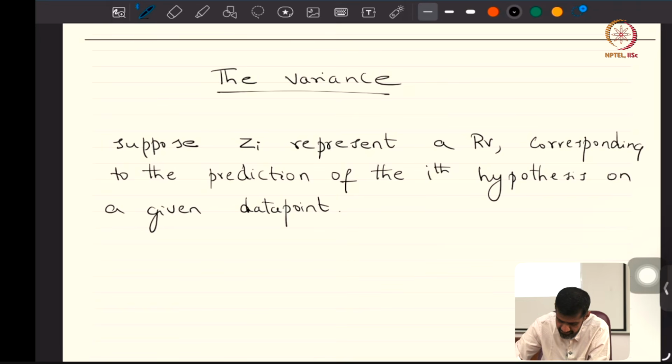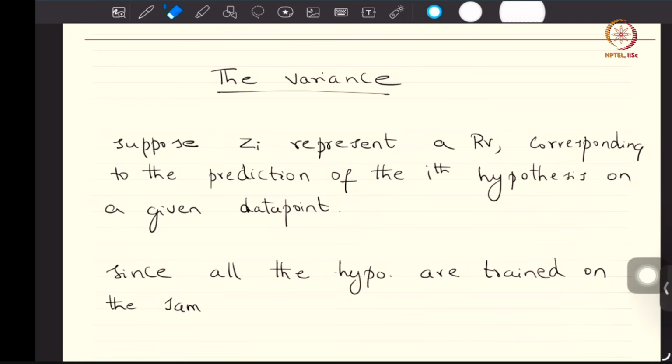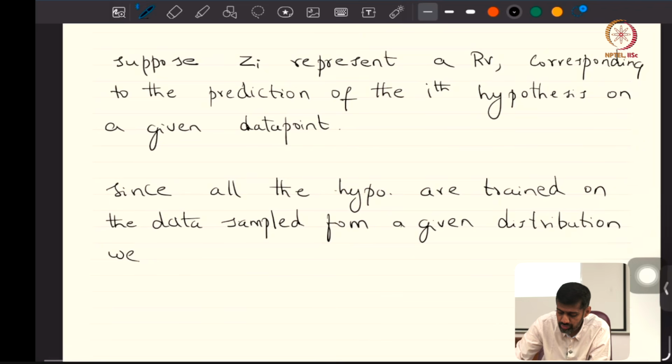Now, since all the hypotheses are trained on the same set of data, or data coming from the same distribution, data sampled from a given distribution, we assume Z1 through ZB to be identically distributed.